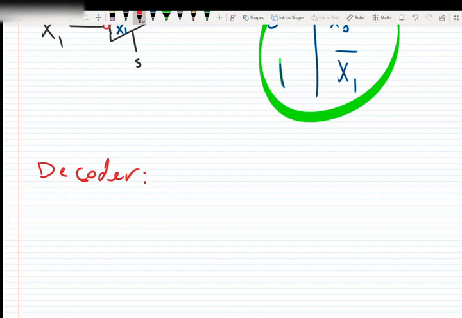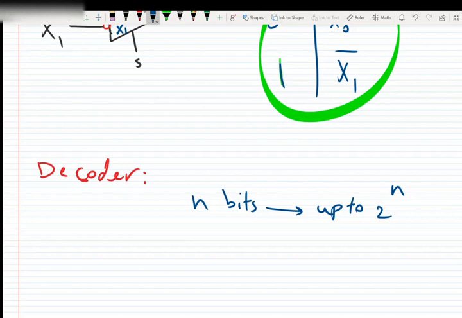If we have n bits, this n bits is capable of representing up to 2 to the power of n coded information.